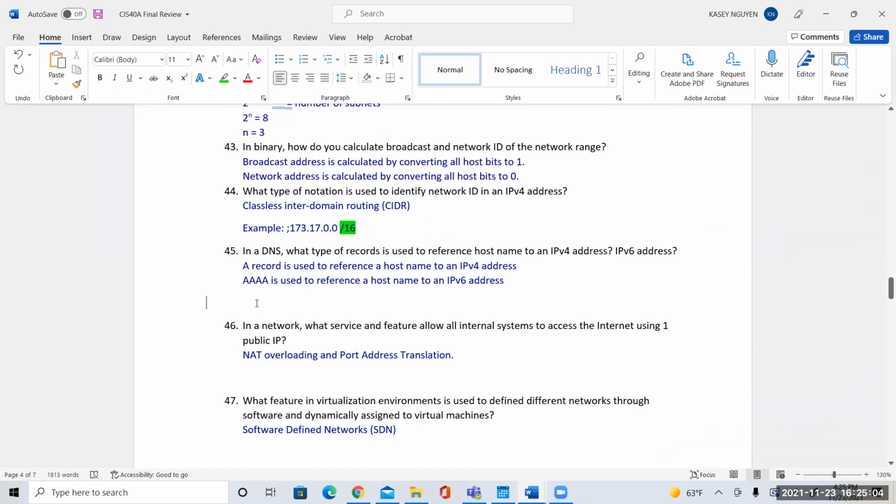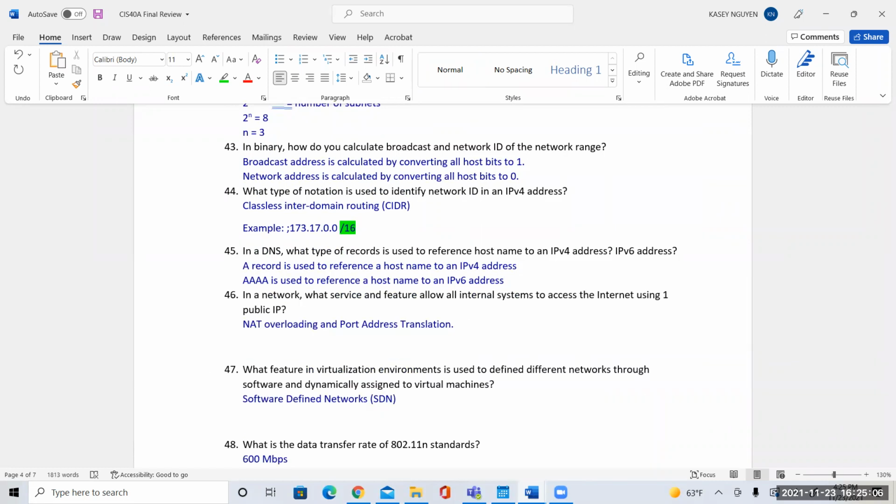In a network, what service and feature allow all internal systems to access the internet using one public IP? That's called NAT overloading and port address translation. So like in your home, your router, your wireless router, acts as a NAT, and it does NAT overloading.